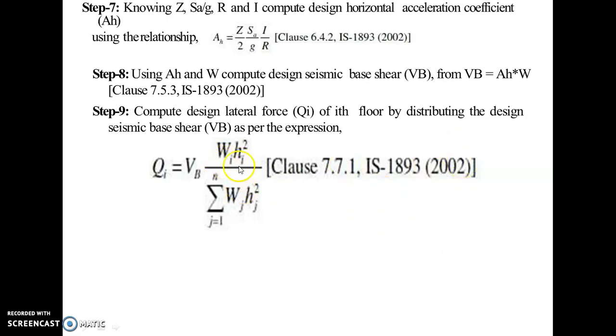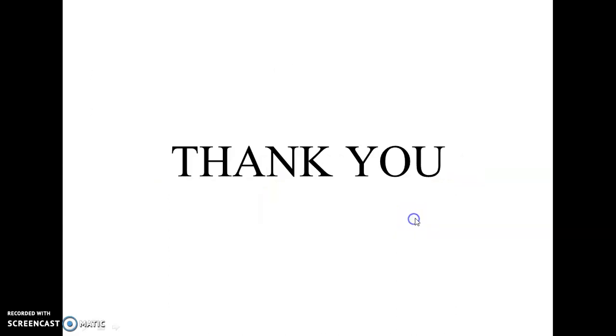Simply you put in the value of Wi hi squared. For the first floor, W is 2000 and h is 3, so 3 meters squared, over the summation of the 3 floors, and VB we have already calculated. So we simply multiply VB with this value and we get the lateral force on each floor. So this is the procedure which we use for solving the base shear and distributing the base shear on different floors. Thank you.